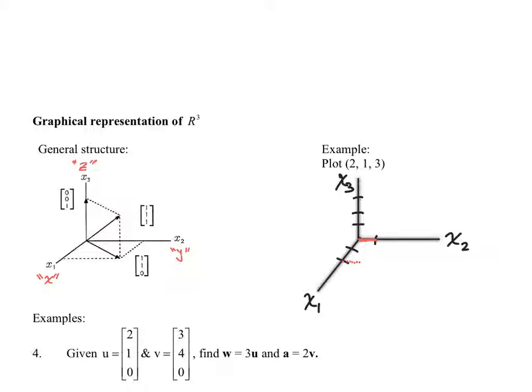So this distance here, use your index card or 2 fingers and estimate that distance. And then plot a point at the end of the line there. And then this would be your point, 2, 1, 3.